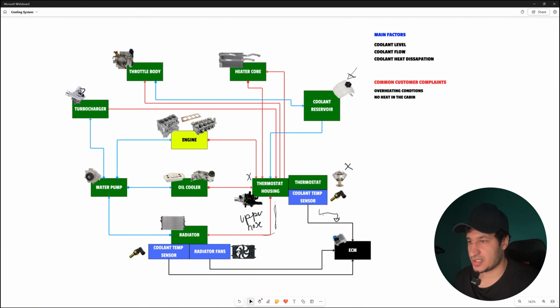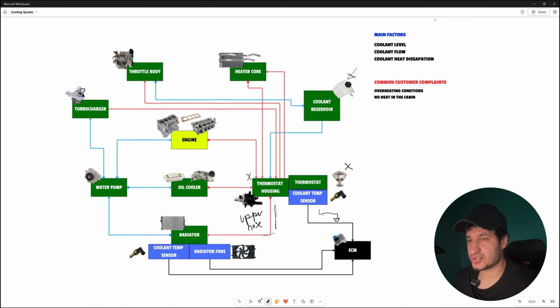Okay, so there's another coolant temperature sensor here and radiator fans here. I listed them in blue, so those are sensors or anything that communicates with the computer. This other sensor is just to communicate with this sensor here, to tell the computer the difference of temperature.